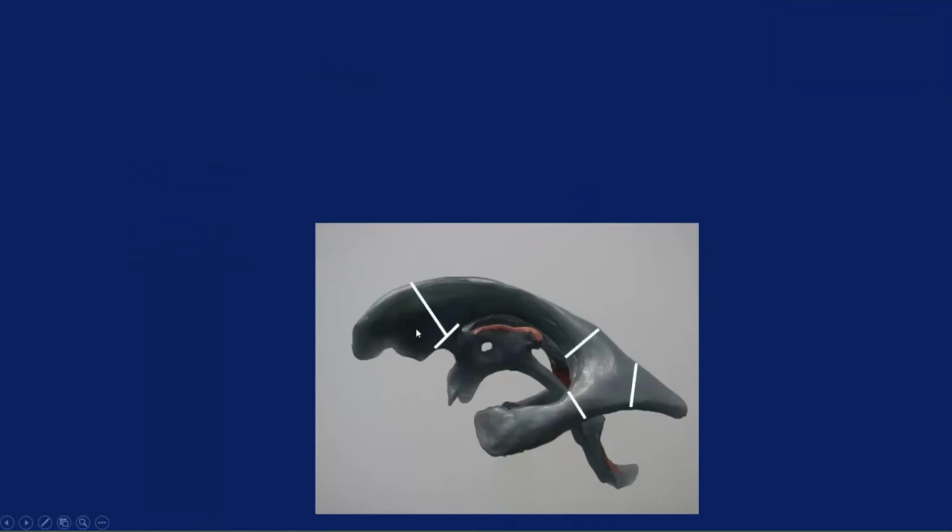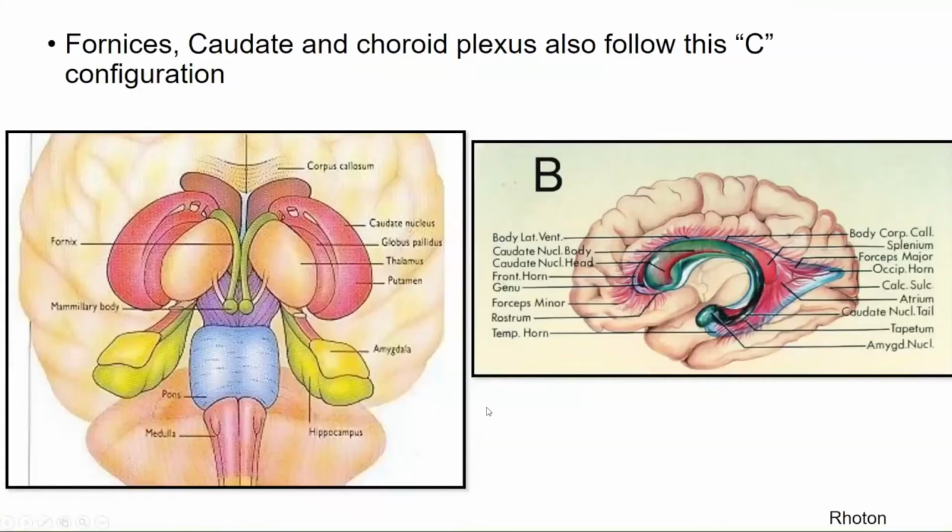So we divide the lateral ventricle into the frontal horn, body of the ventricle, atrium, occipital horn, and then temporal horn, respectively. And this is all from Rhoton's excellent chapter on ventricular anatomy.